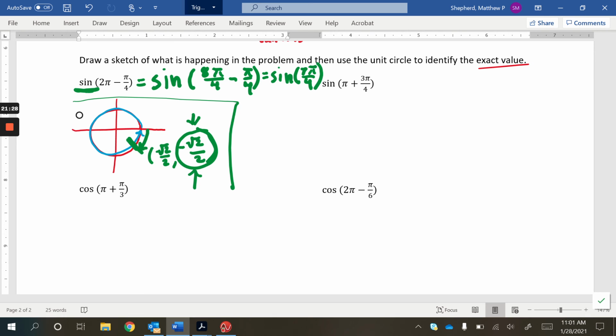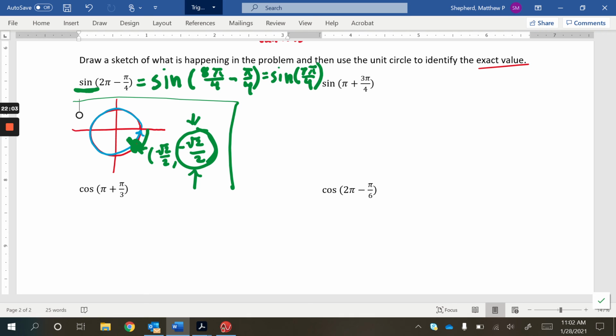Okay, and I would look up 7 pi fourths on my unit circle. Guess where it's at? That exact same place. So you can try and imagine you moving along the unit circle, which could be one fast way. Or if that's tricky for you, go ahead and make your two numbers have common denominators, and then figure out where that would be. Find the coterminal angle on the unit circle.